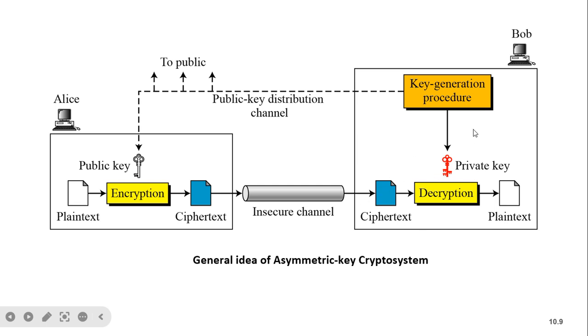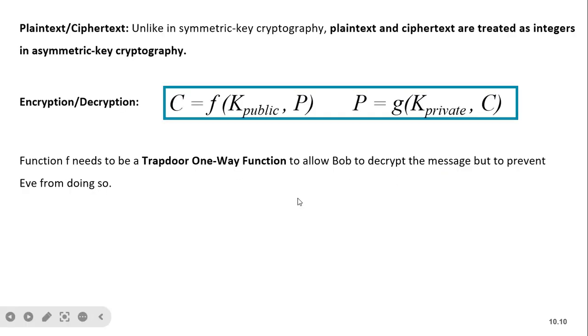This message can be decrypted only with the receiver's private key, otherwise the message cannot be decrypted. So this is the general idea of asymmetric key cryptography. To get the ciphertext, encryption is done with the public key, and to get the original plain text at the receiver, we use the private key.